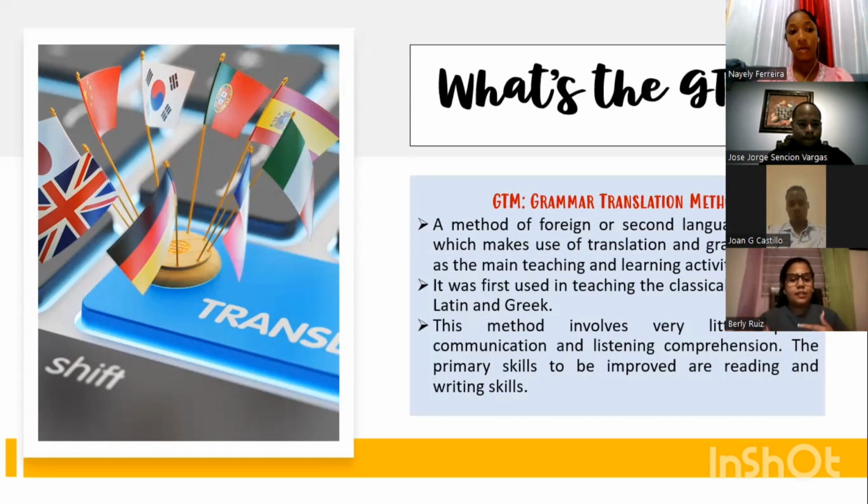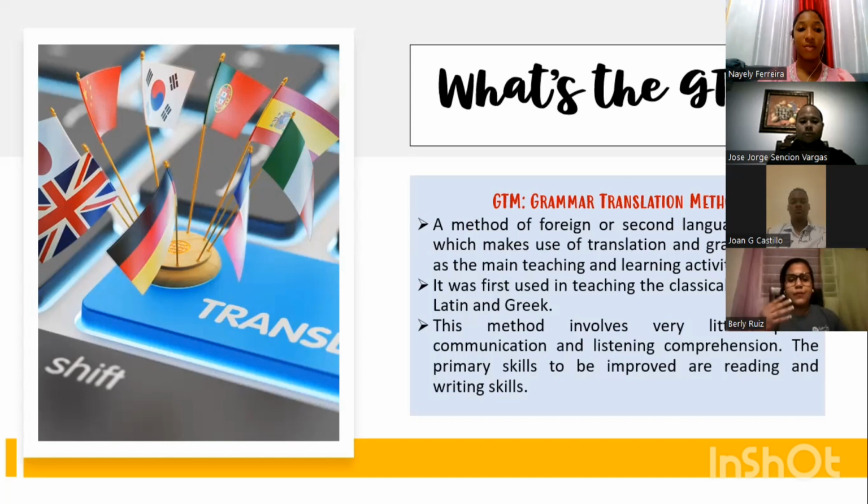In this method, there are two goals: enabling a student to read and translate literature written in the source language, and a method for foreign or second language teaching which makes use of translation and grammar study as the main teaching and learning activity.